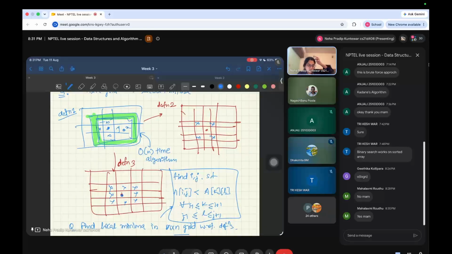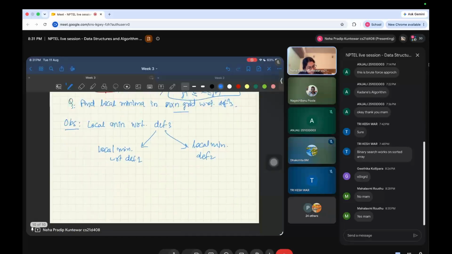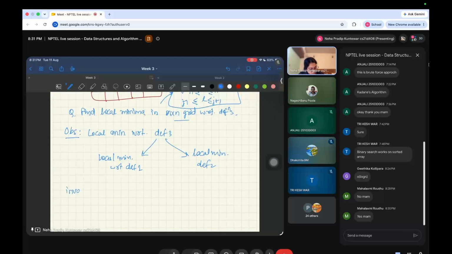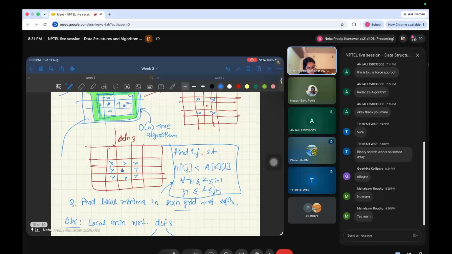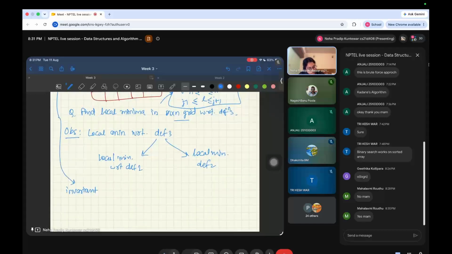That was our invariant for this algorithm: we always maintain a border. We called it north, south, west, and east.